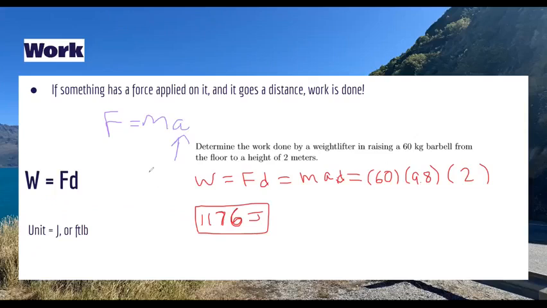Acceleration can be equivalent to gravity, which is 10 meters per second squared, more precisely 9.81. We'll just say 9.8 meters per second squared. So work is equal to mass times acceleration times distance, because force equals ma. That's where you would use joules.